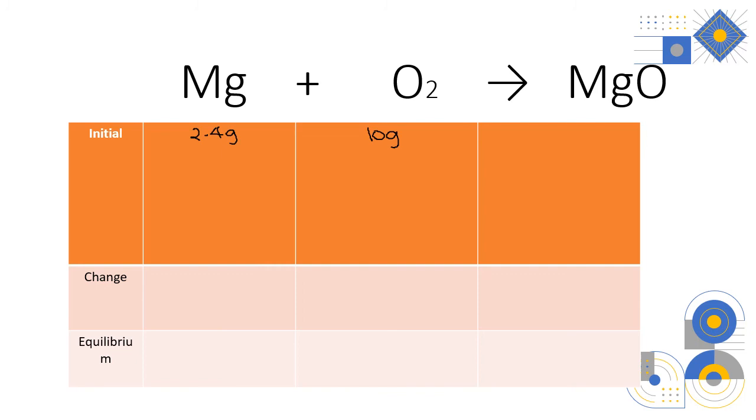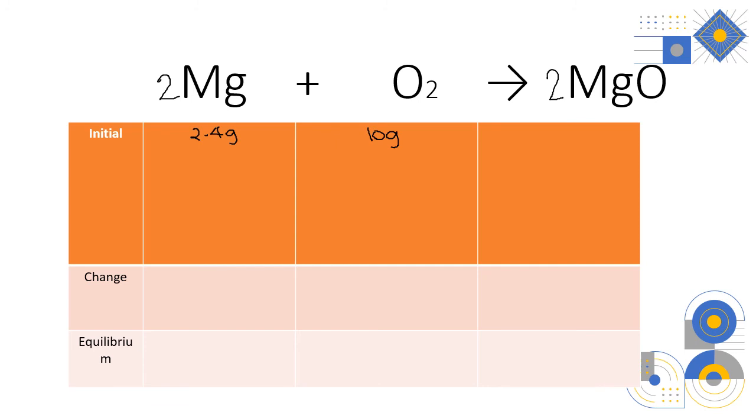Next, let's look if our general equation is already balanced. So we have here O2, so we need to add a coefficient of 2 on this side. And to balance your magnesium, we have to add a coefficient of 2 for our magnesium. Now it's balanced.